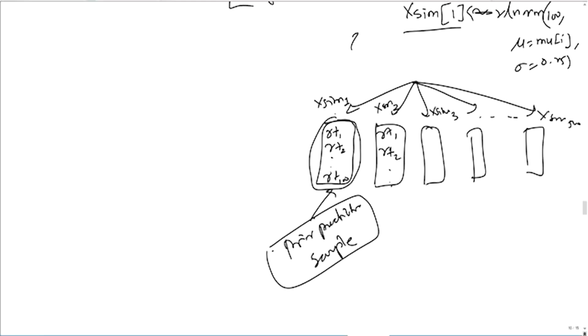So your prior predictive sample represents the actual experimental data that you might see if your prior assumptions about the parameter are correct. What do we mean by correct? If they closely match the true distribution of mu.